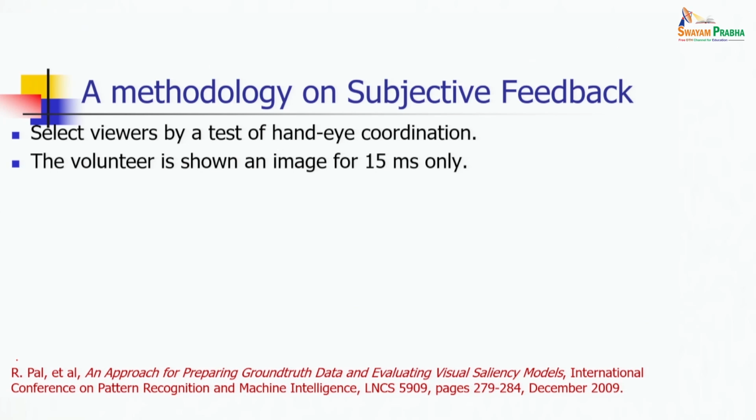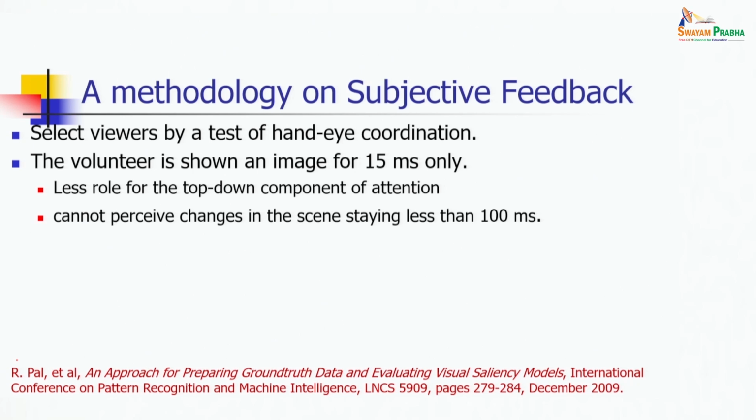So we would like to keep it within that time limit. Then it has less role for the top-down component of attention. That's what I was trying to impress upon. And it cannot perceive changes in the scene staying less than 100 milliseconds. So you should note that here.